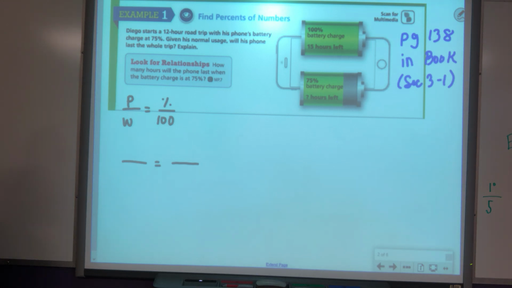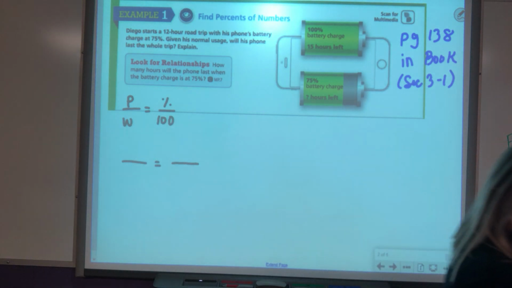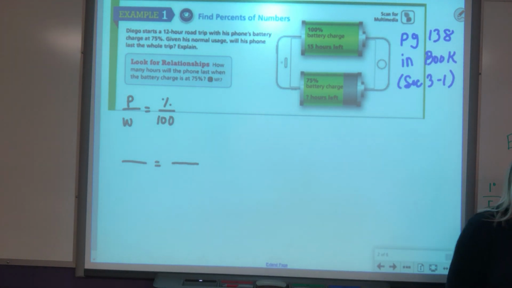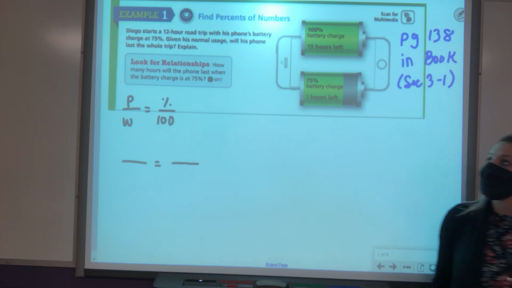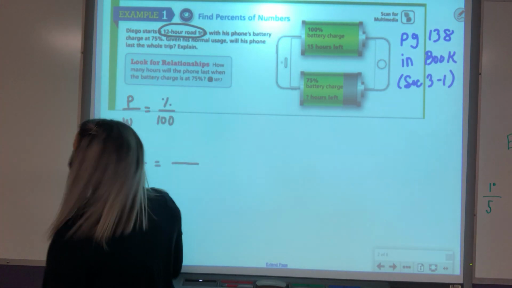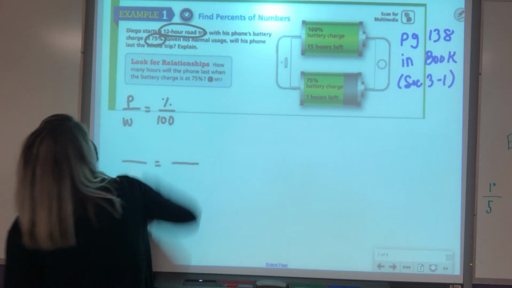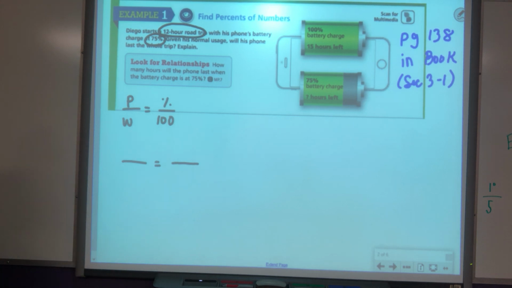His phone is at 75%. So this is how long the phone has to last, correct? It's currently charged at 75%.